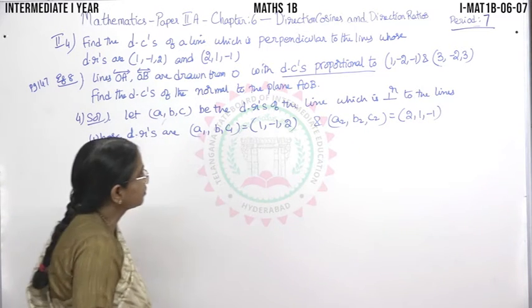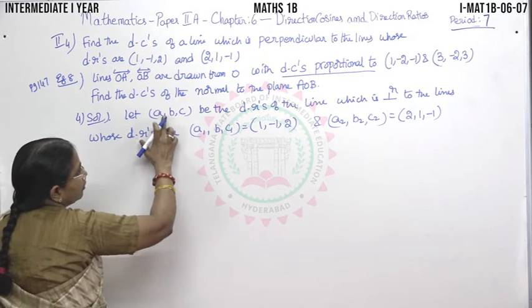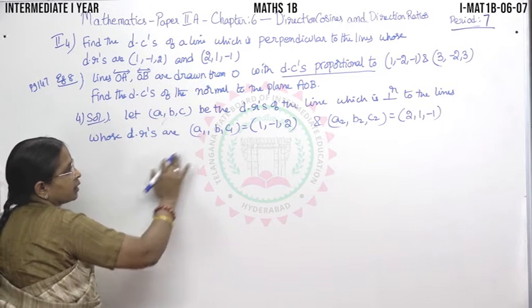So we'll take it like this. Now the line and this line are perpendicular.